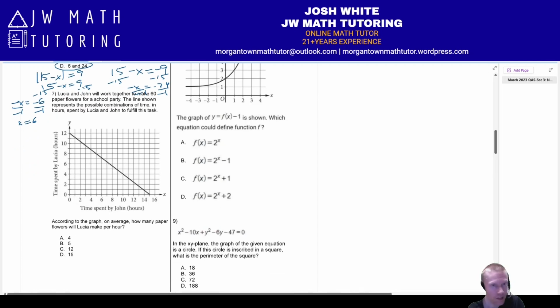All right, now for 7 with this graph. Basically, what makes this a little trickier is that they want to know how many paper flowers Lucia can make per hour.